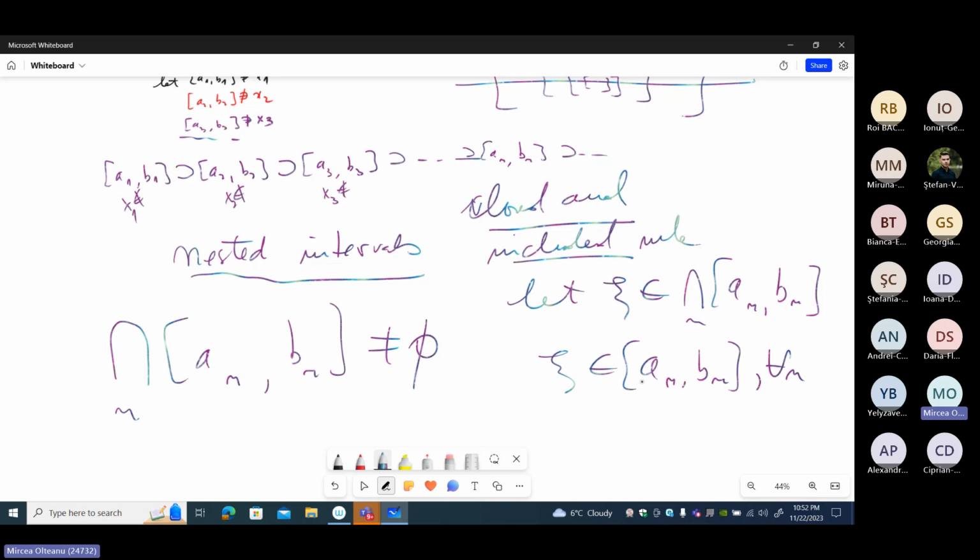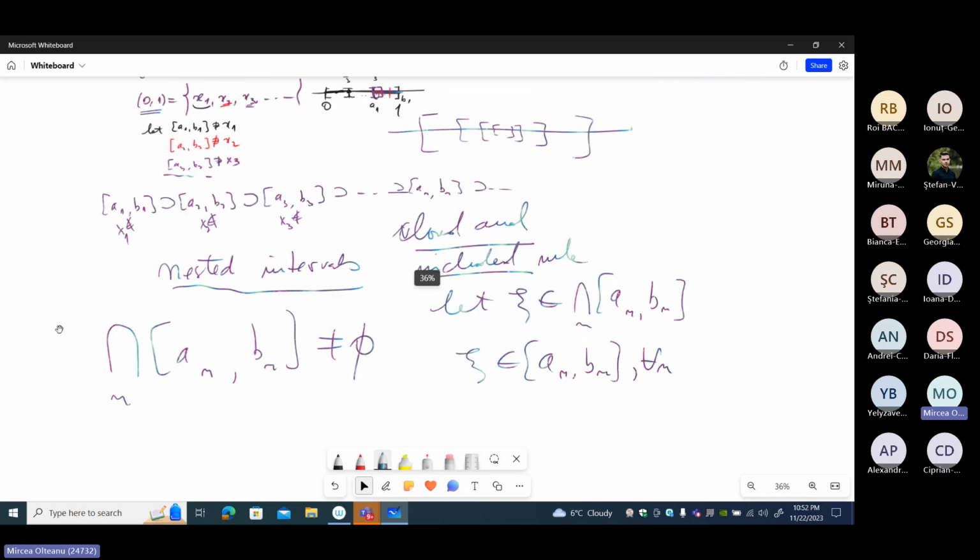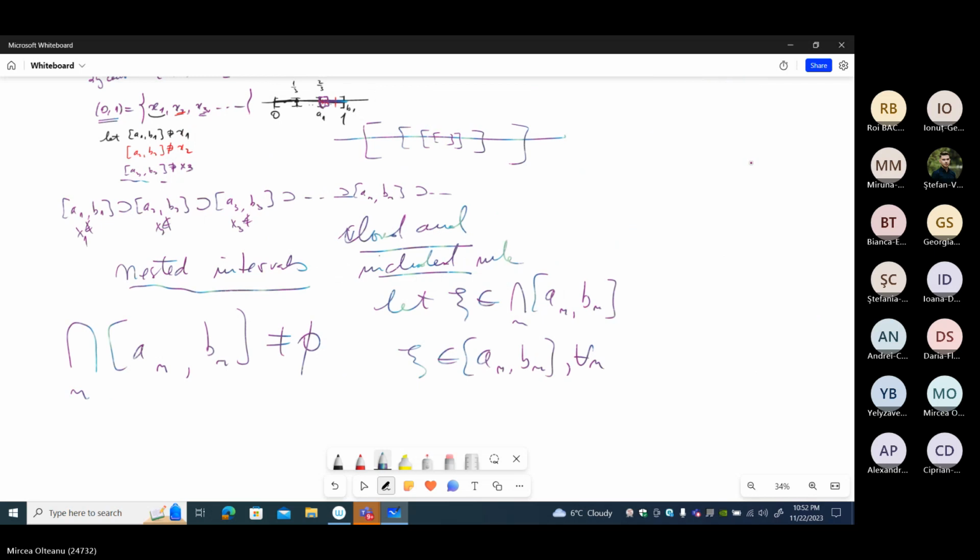So Xi is in A1, B1, Xi is in A2, B2, and so on. It is in all of them because it is in the intersection. It's a real number which is in this intersection.